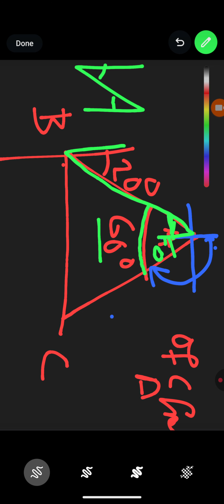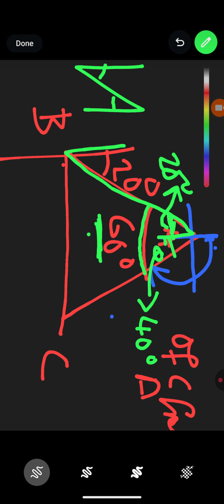Therefore here it's 20 degrees, just like here. Now from 60 we remove the 20, we remain with this angle here, which is 40 degrees, right? From this full 60 we remove the 20, this small part, we remain with the 40.